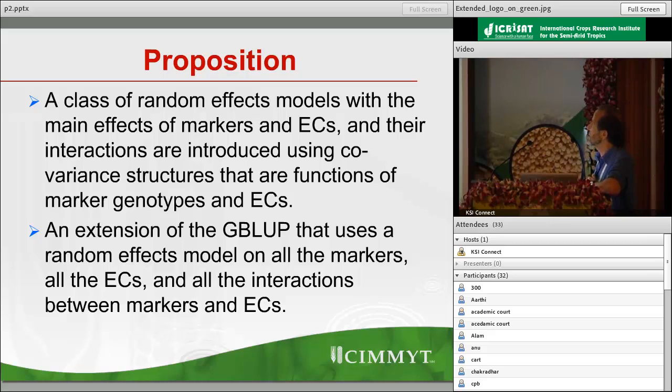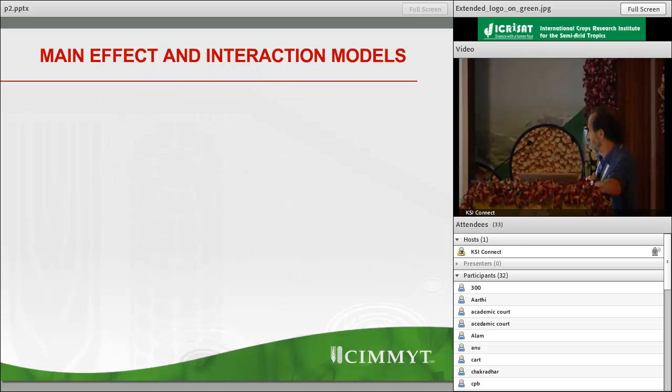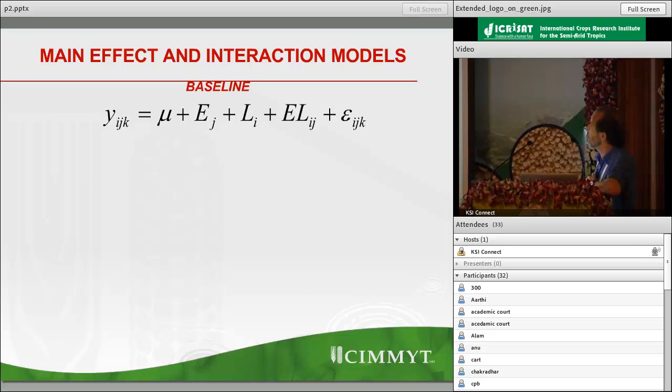So this is the model. We have the baseline model where we have the response of the variable here in the environments and genotypes and the markers. This is the grand mean, this is the effect of the environment, the effect of the lines, and this is the interaction. What we do here is basically, let's use the genomic covariables, the markers.